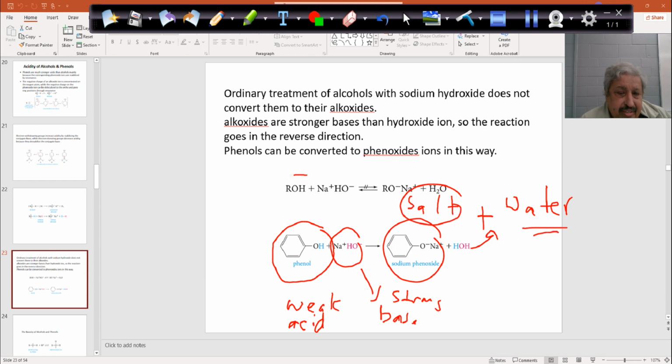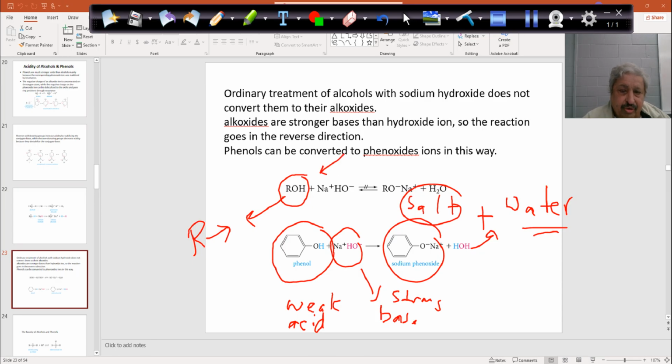The alcohol is acting as such, but to a lesser extent, because the stability of the alkyl group, the R, affects this type of acid-base reaction. So alcohol is the same thing.